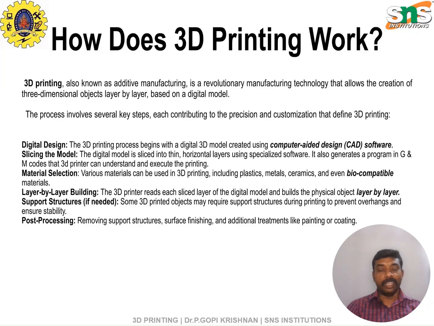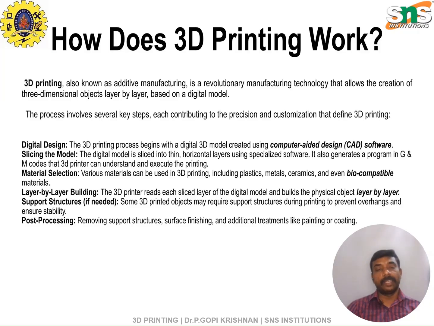The digital model, which has the complete component, is sliced into very thin horizontal layers using specialized software. Here we are using a different kind of software other than the CAD software, which is used for slicing the model into very small thicknesses, and it generates a program in G code and M code that the 3D printer can understand and execute the printing.